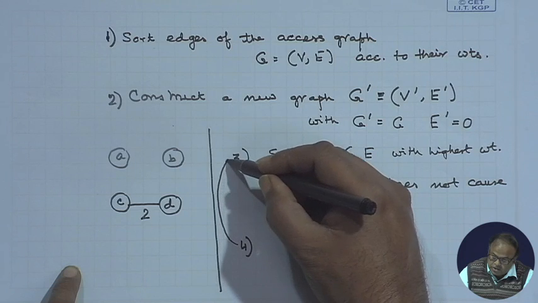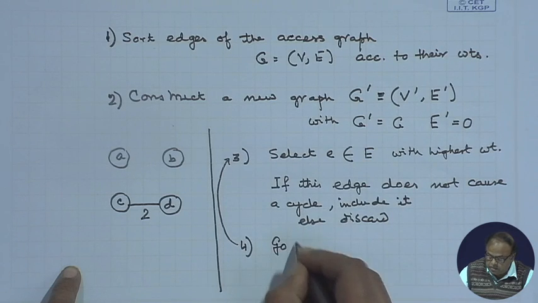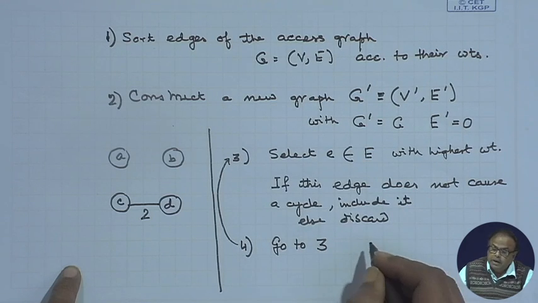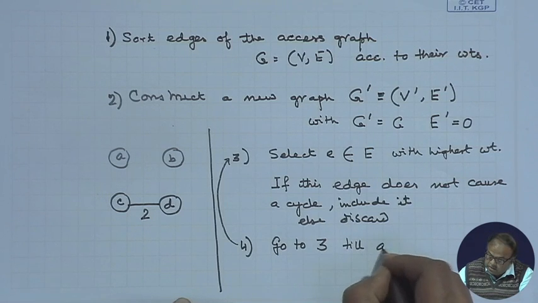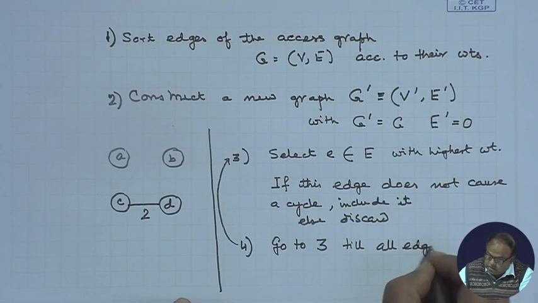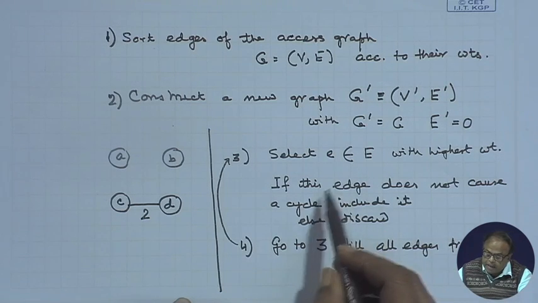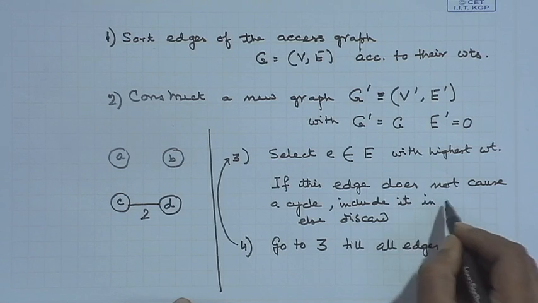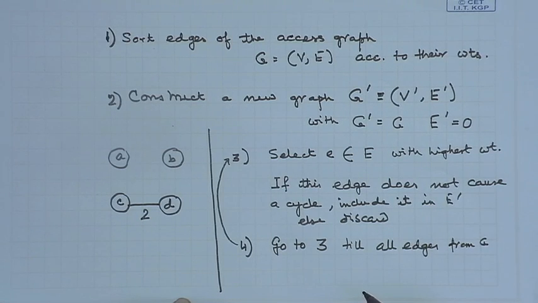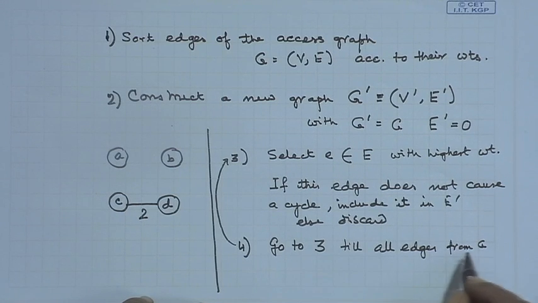So, we go to step 3 till all the edges are covered. What is happening is I include it in E prime, so I am adding it in E prime. Go to 3 till all edges from G are selected.